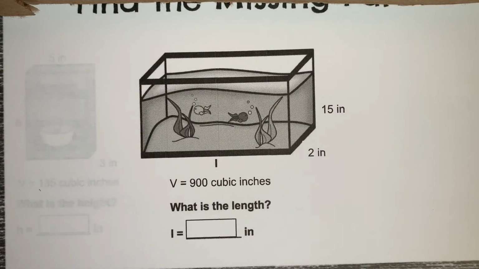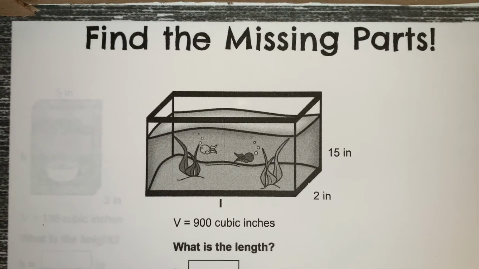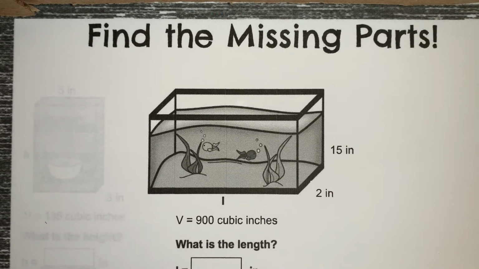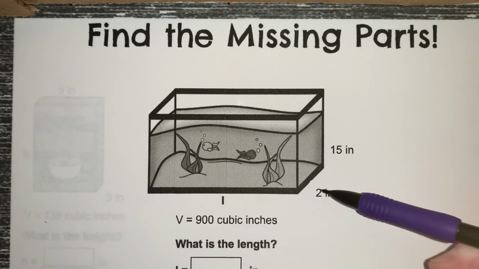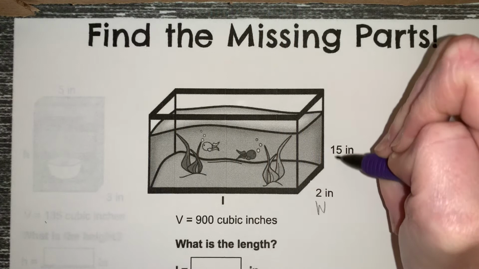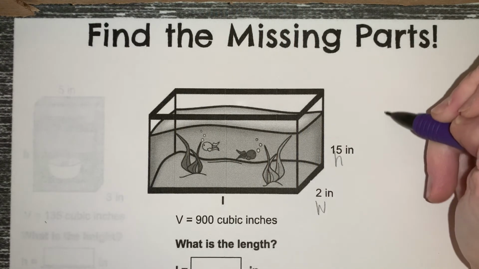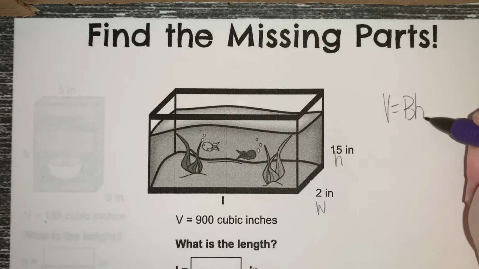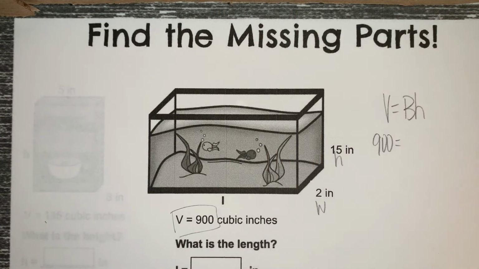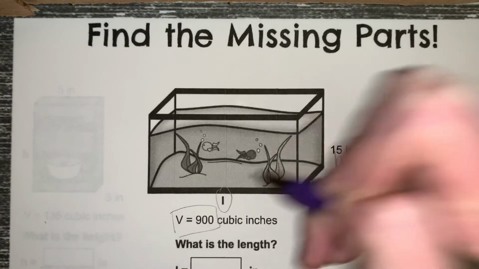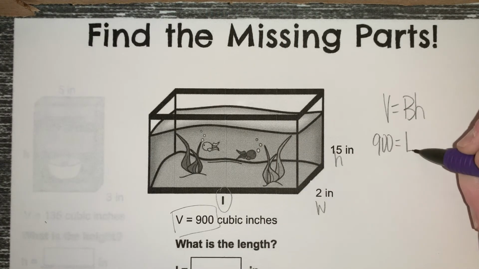Okay, here's another example. This time we have an aquarium. The total volume is 900 cubic inches. This time we don't know the length, but we do know the width, and we know the height. Volume equals area of the base times the height. We know the volume is 900. We don't know the length. We know the width is 2 and the height is 15.